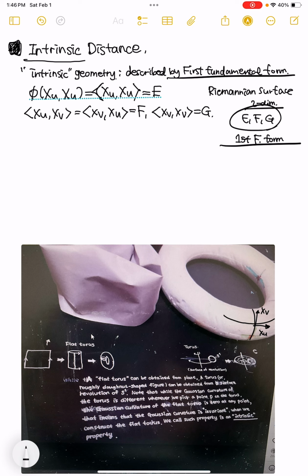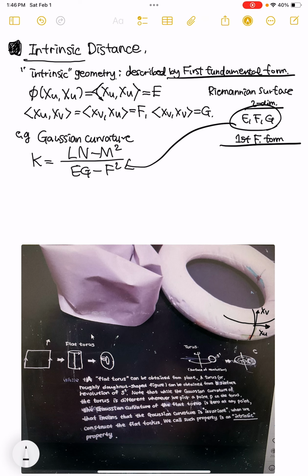And based on E, F, G, we can define many geometrical properties. For example, we can define the Gaussian curvature, denoted by K like this, that contains the first fundamental form.